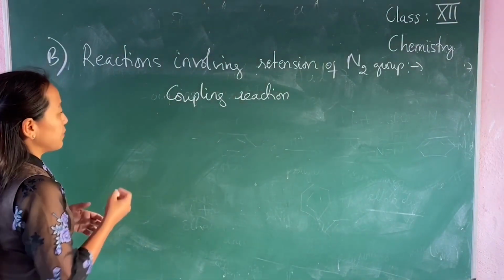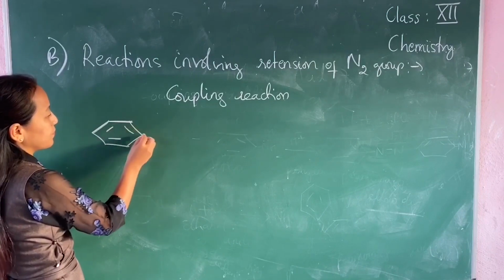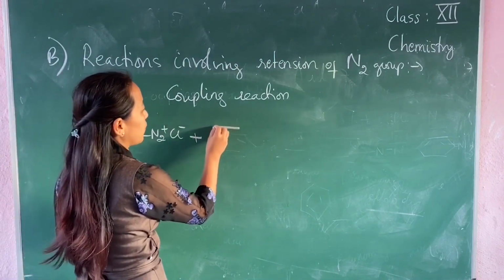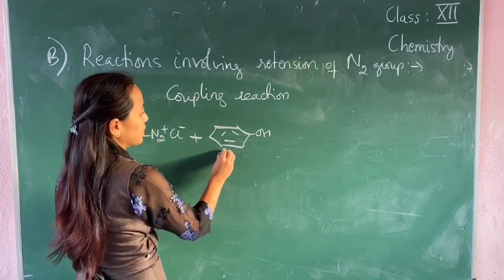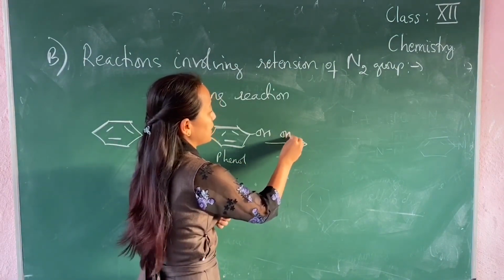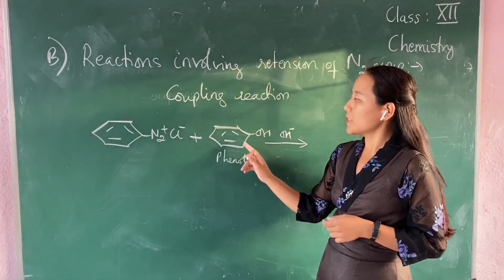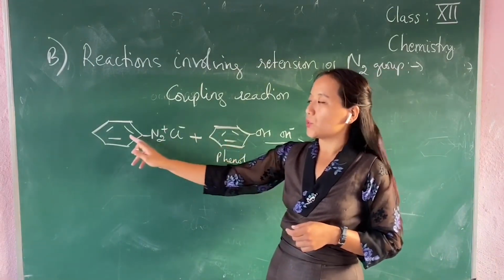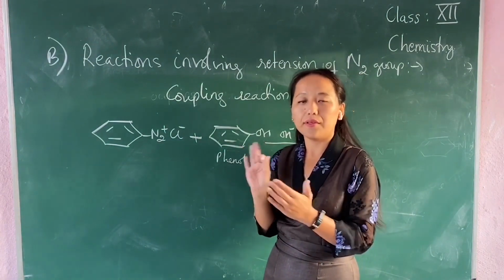Now let me take an example for this. I have my benzene diazonium chloride, N2 plus Cl minus. When it reacts with phenol, and this reaction takes place in the presence of basic medium. Now what happens is the fourth carbon atom, first, second, third and fourth carbon atom gets connected to this benzene ring through the azo group, coming together.